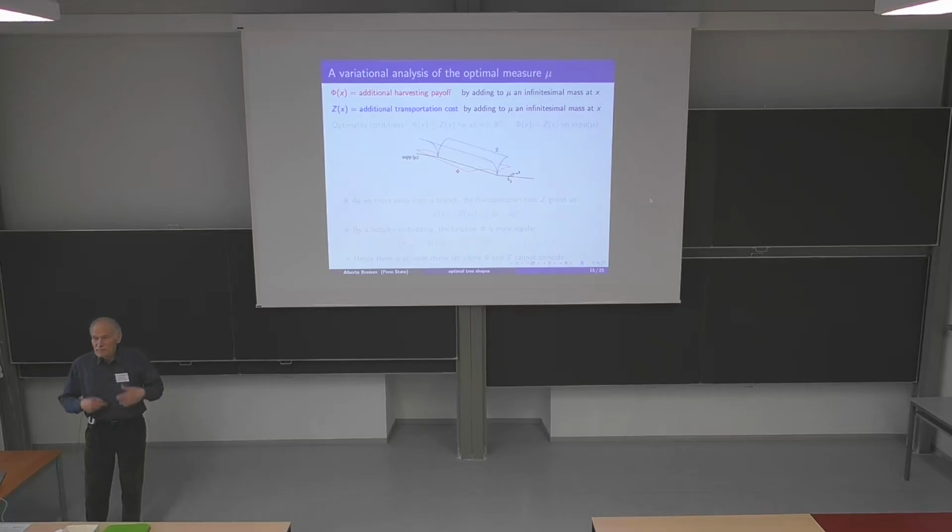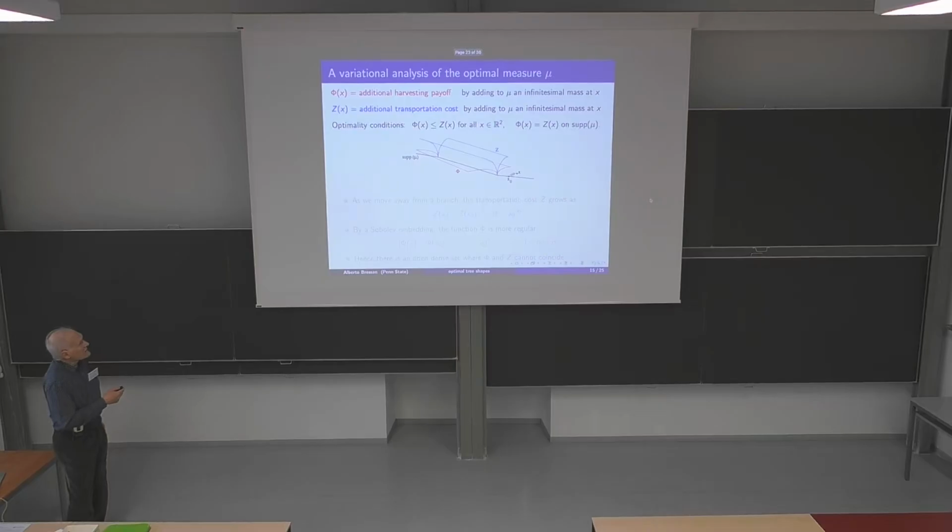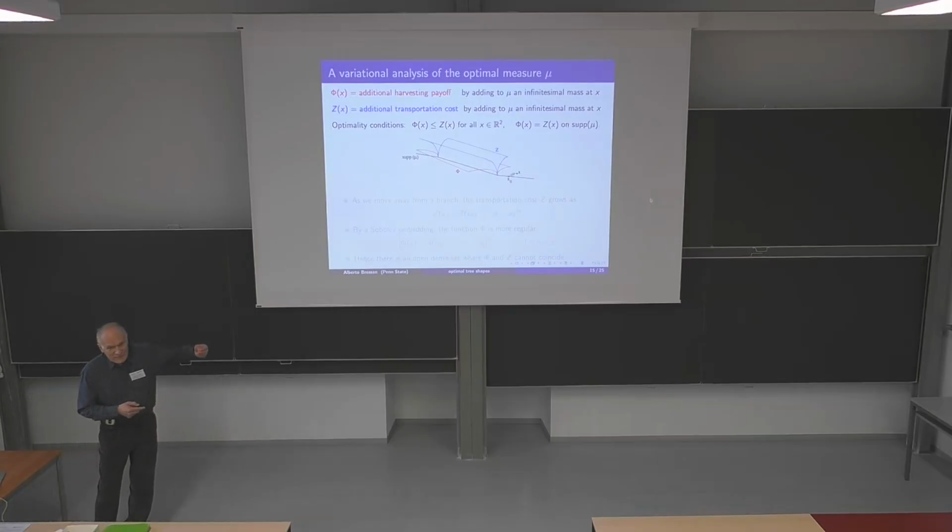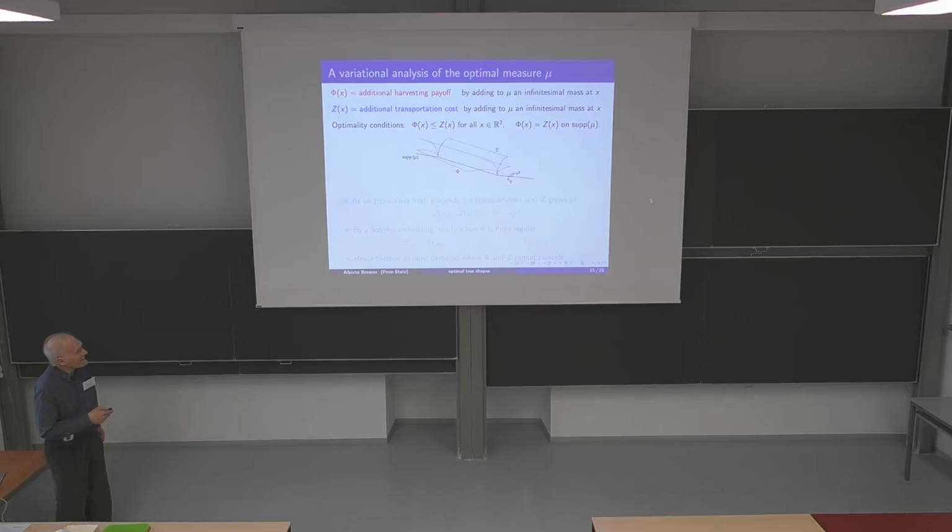How much does the payoff increase and how much does the cost increase, right? So phi of x would be the additional harvesting payoff if I add a unit mass here, and z of x is the additional transportation cost if I add a mass here. And the optimality condition would be that phi has to be less or equal than z of x for every x, otherwise I would improve by adding a mass here. And phi of x has to be equal to z on the support of mu.